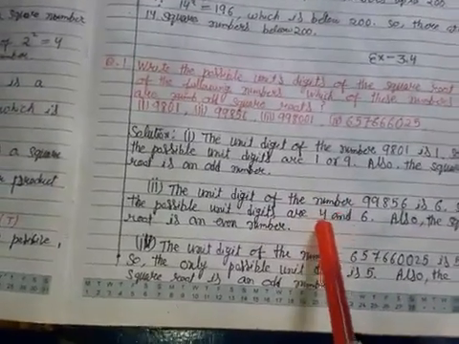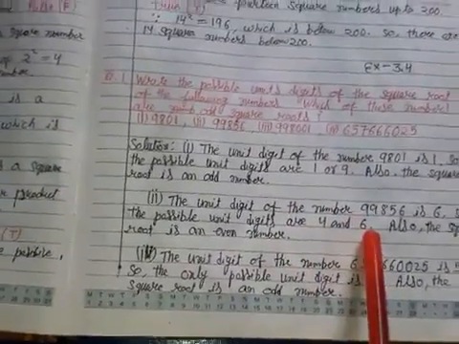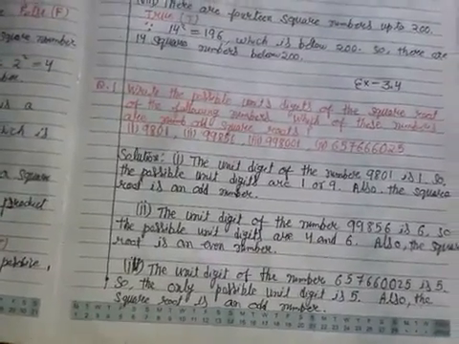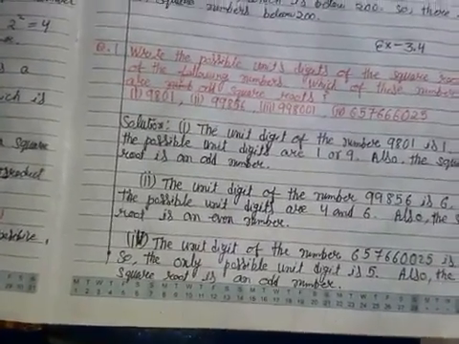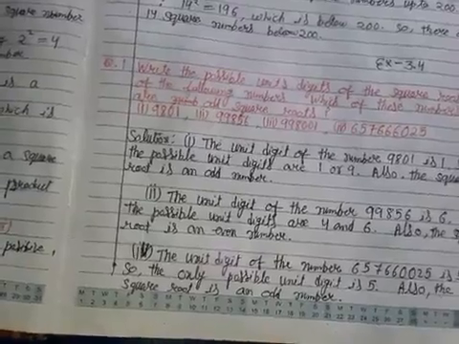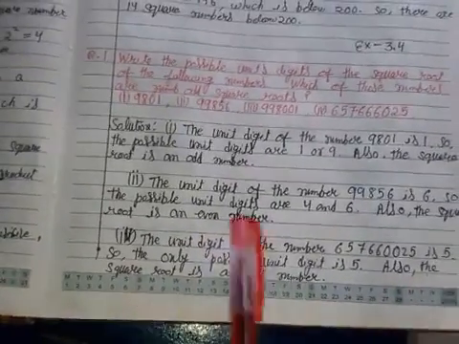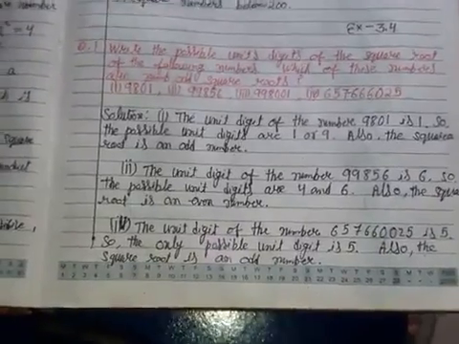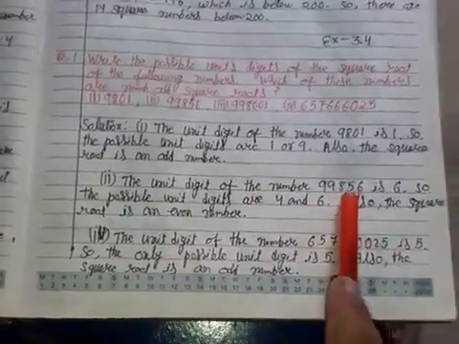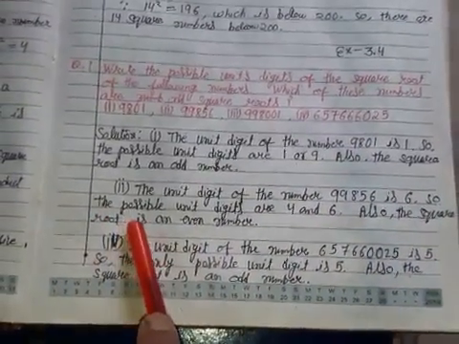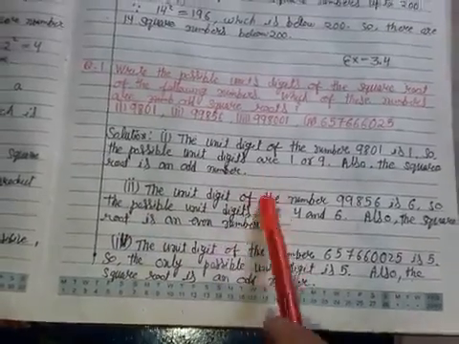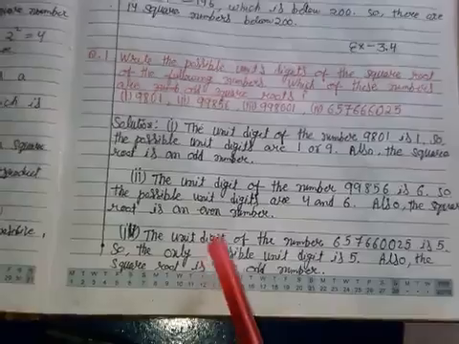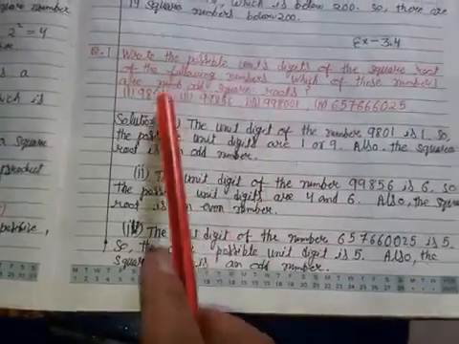Also the square root is an even number because the number is even. Now the third is similar to the first.